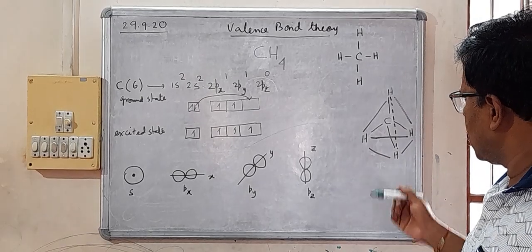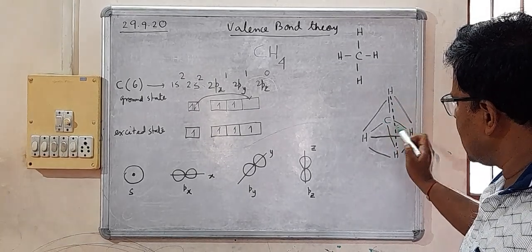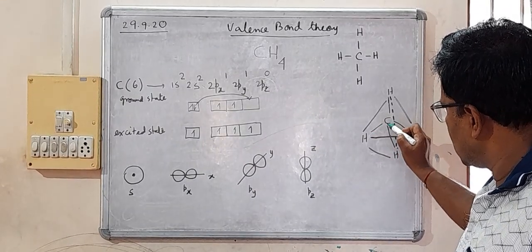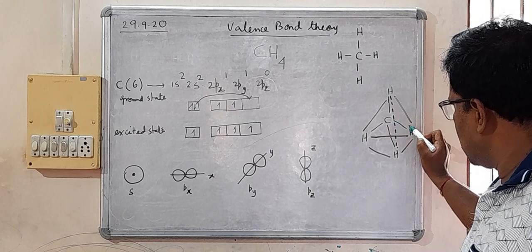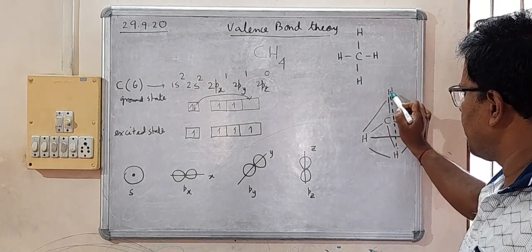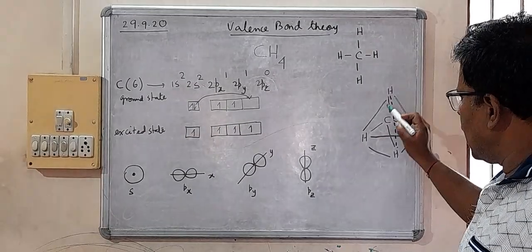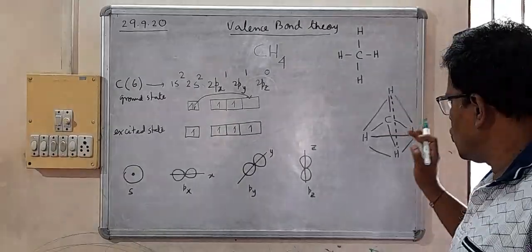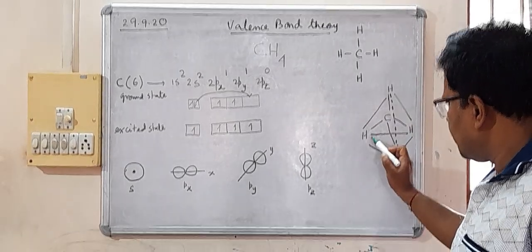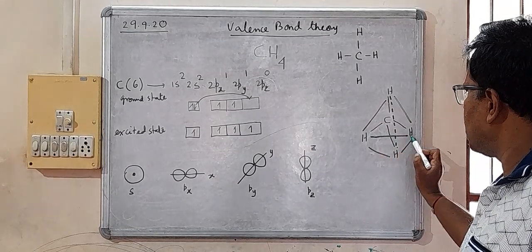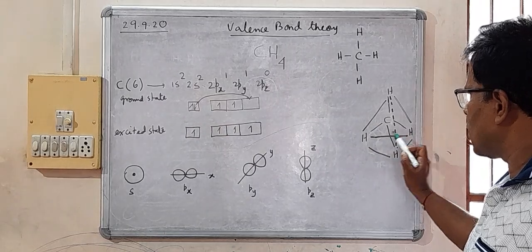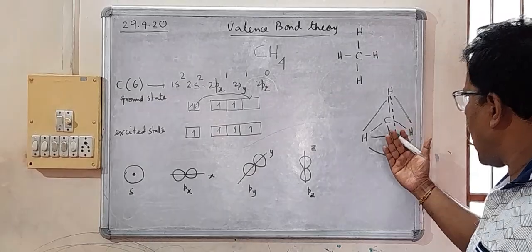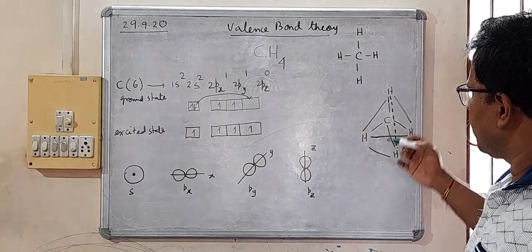Let me tell you that all these lines are not covalent bonds. Which are covalent bonds? This is a covalent bond, this is a covalent bond, this is a covalent bond, this is a covalent bond. And other lines have been drawn to give information. For example, this hydrogen atom and this hydrogen atom are above the plane of the board.